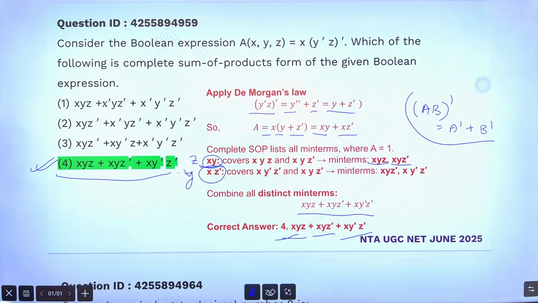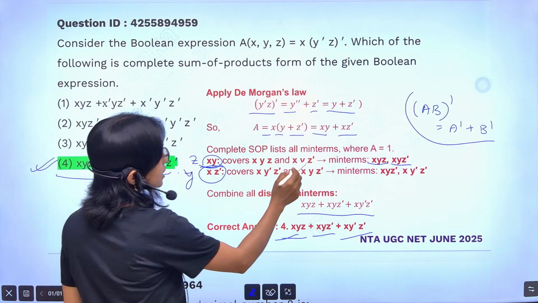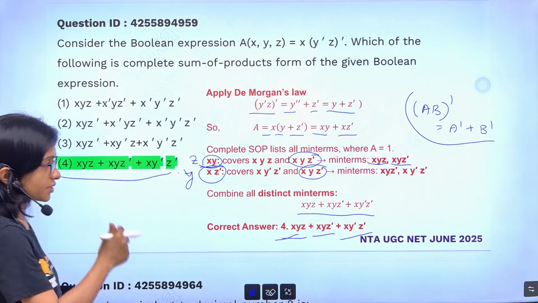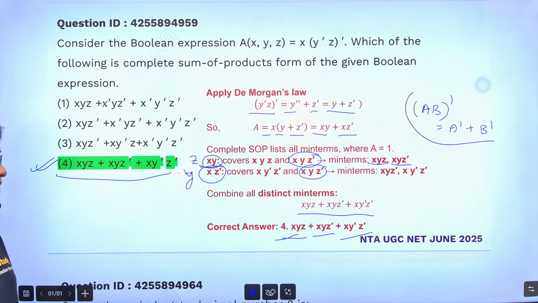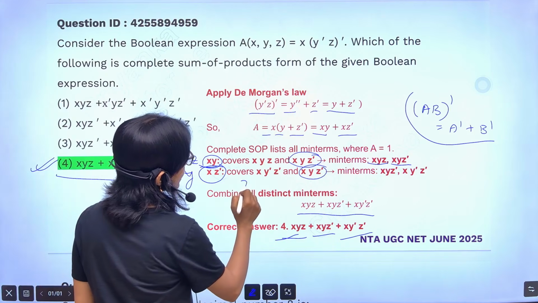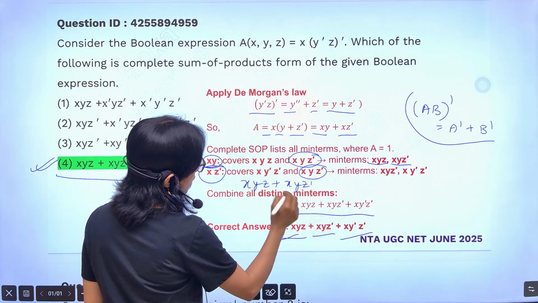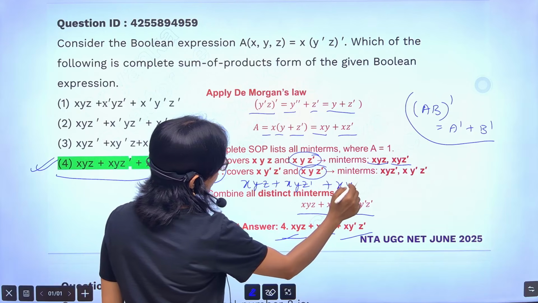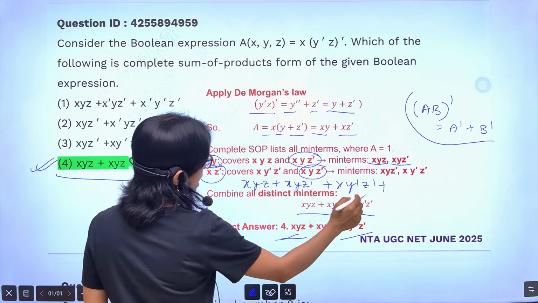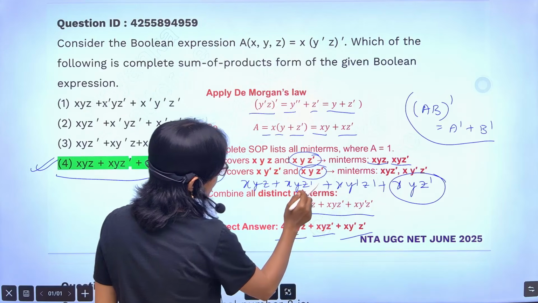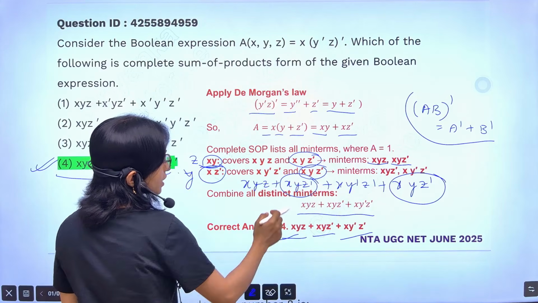Got it? Clear? Clear to everyone, I hope, because this xyz bar is coming 2 times. Ultimately you will get xyz plus xyz bar, plus xy bar z bar plus xyz bar, but xyz bar is coming 2 times.